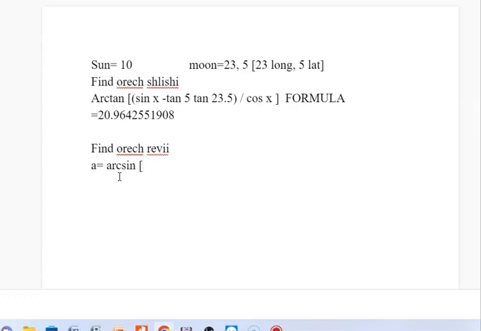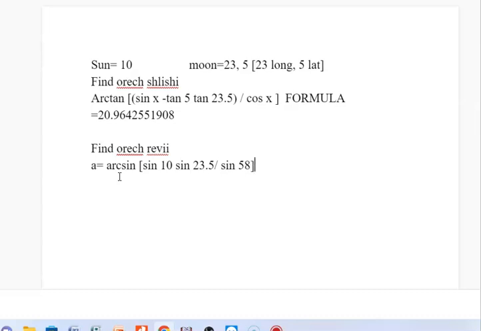We take the inverse sine of sine 10 times, not making times, you have to know yourself, it's times sine 23.5 divided by sine 58. So this is the first step you do.